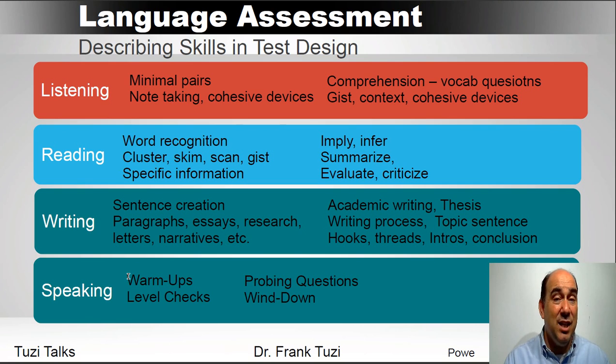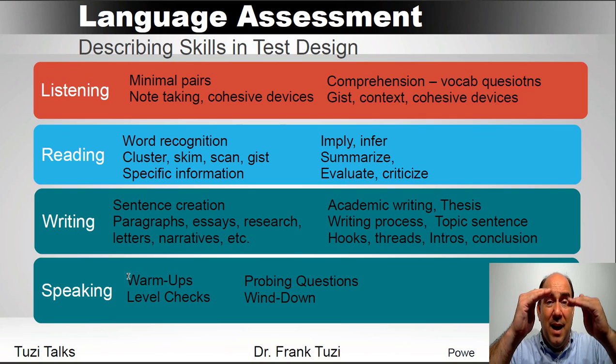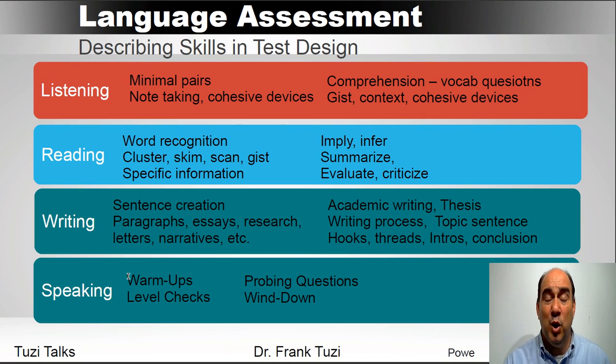You're basically getting them to the point where they break, where they can do something above here, but they can't do something here, and you're trying to find where that upper level is so that you can assess them. And then after that, you bring them down. You wind them down with a type of close, so to end the interview. We'll talk more about speaking assessments later on, but that's basically how those work.